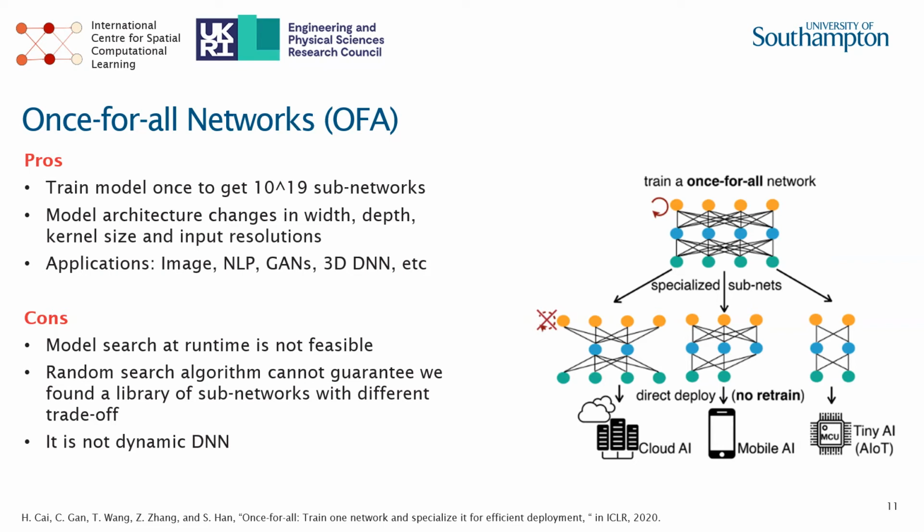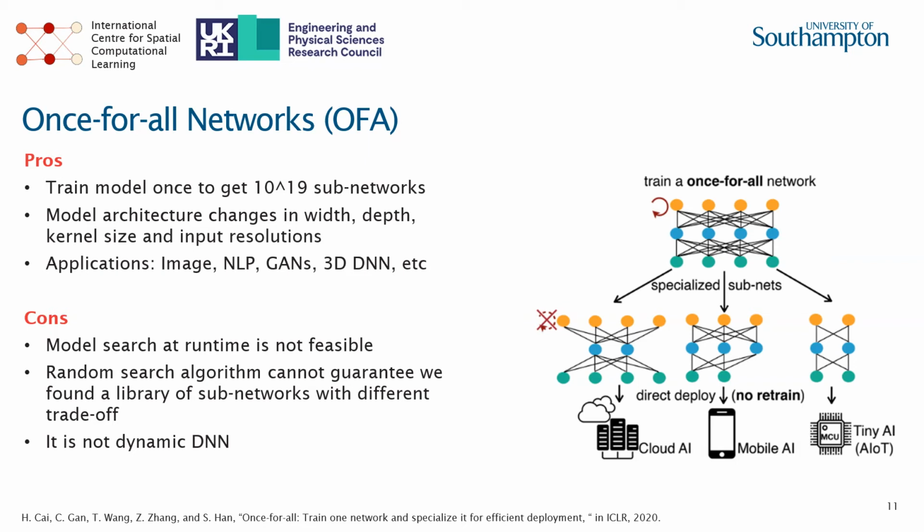But nevertheless, we think that we need a mental shift to design dynamic neural networks, because in the past, all the works are focusing on how we can propose specific training methods to generate subnetworks. But as the model design methodology moves forward, as you can see here, the OFA probably has more subnetworks than we need.